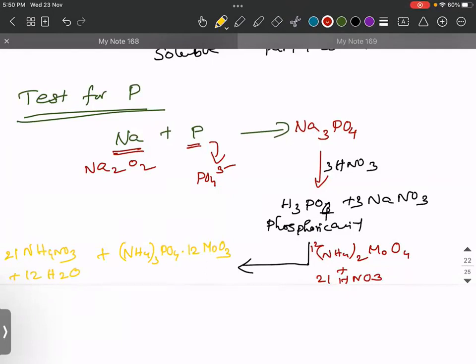So this is ammonium phosphomolybdate. You will get the yellow precipitate.